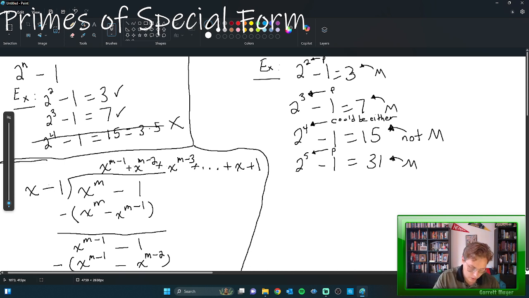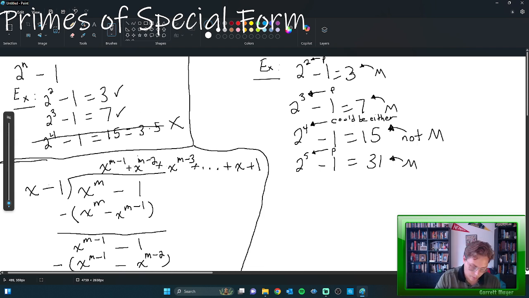Now, let's continue on because I want to show the first potential counterexample to this trend. If you're looking at this so far, you might initially come to the conclusion that anytime 2 is taken to a prime number and subtracted 1, it produces a prime. But that's not always necessarily the case. Those would be examples of numbers where you're taking 2 to the power of a prime, subtracting 1, and producing a number that is not a Mersenne prime because it's not a prime.